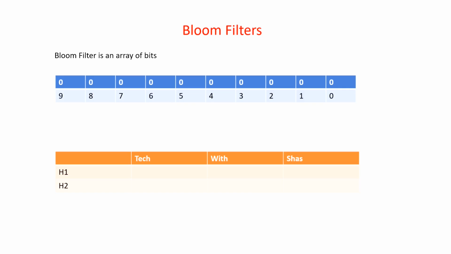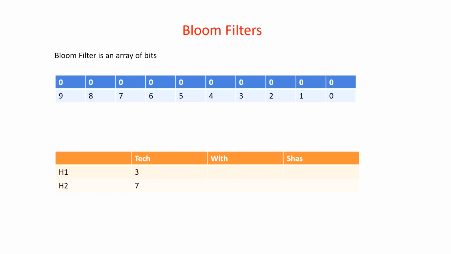So here I have taken two hash functions, H1 and H2. Whatever strings we want to search, our example is that we want to search strings which are not present in the database, right? So initially, we have a first string called tech. When we pass this string tech through these hash functions, both hash functions give values like 3 and 7.